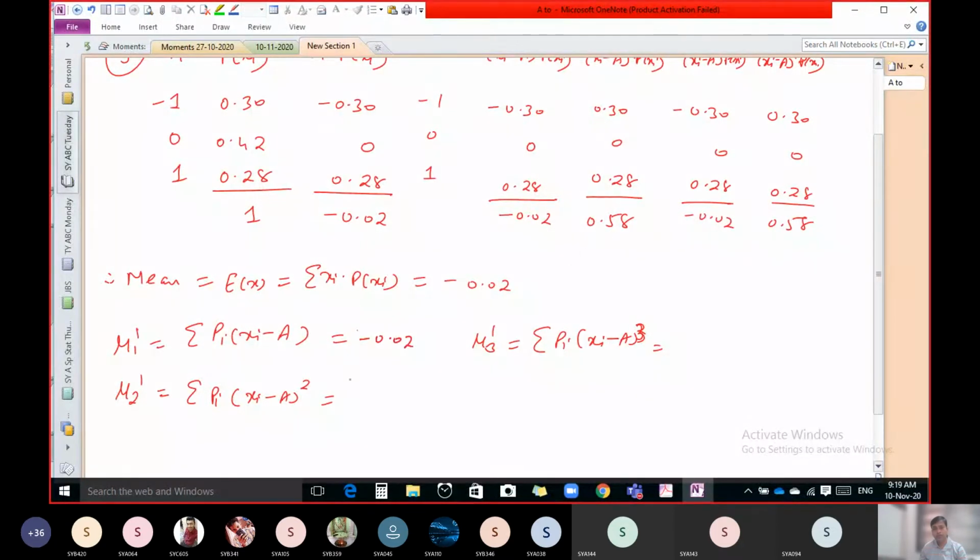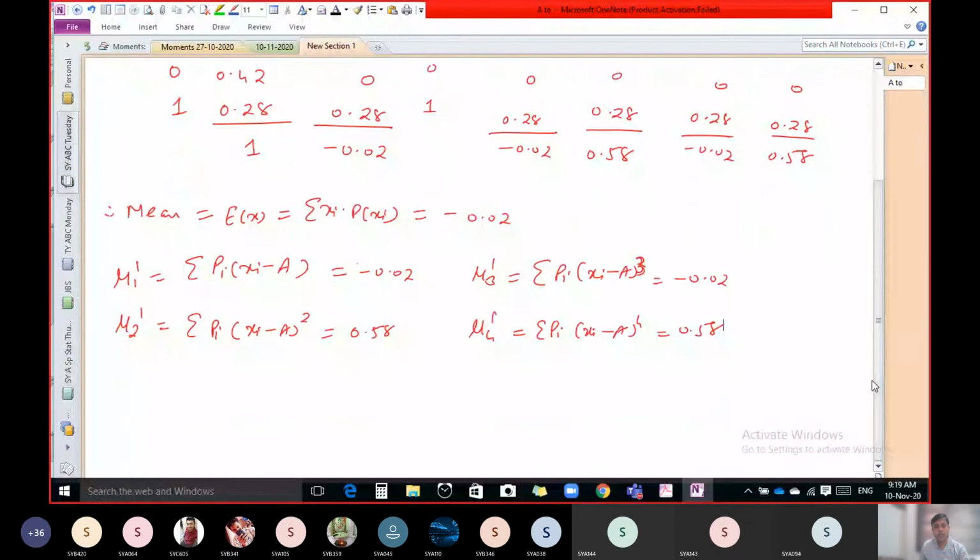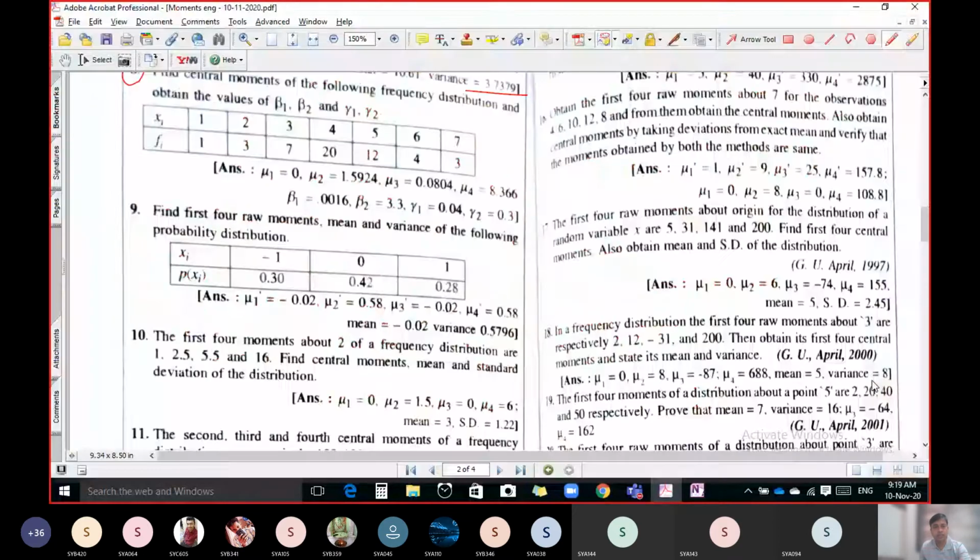Mu2 dash is 0.58. Mu3 dash is once again minus 0.02, and mu4 dash, that is sigma p xi minus a raised to 4, is 0.58. So in that way it is easy to calculate mu1 dash, mu2 dash, mu3 dash, mu4 dash. The question asked to find mu1 dash to mu4 dash, and that is over.